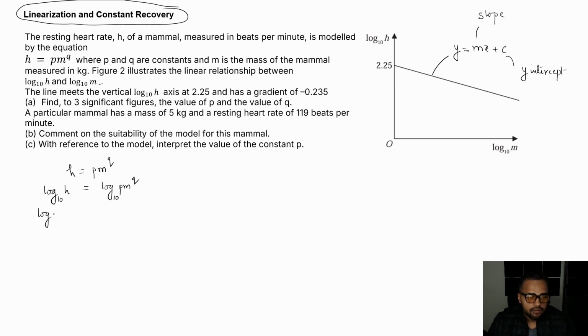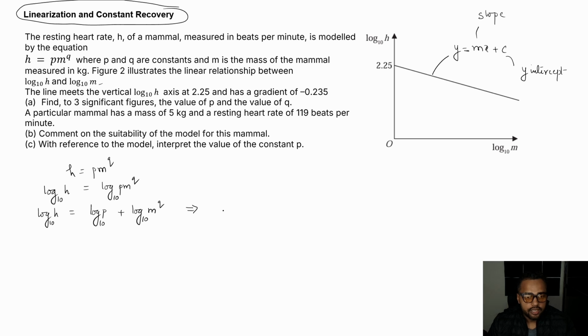Now on the right hand side, we'll apply the reverse of the product law. So the value here will be log of p base 10 plus log of m raised to the power q base 10.